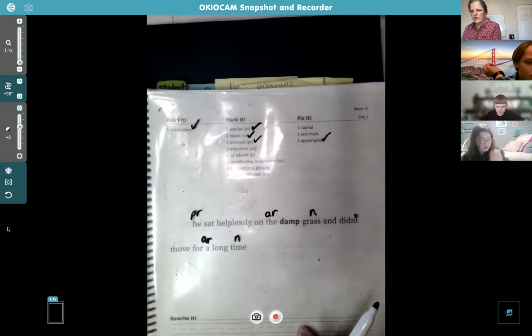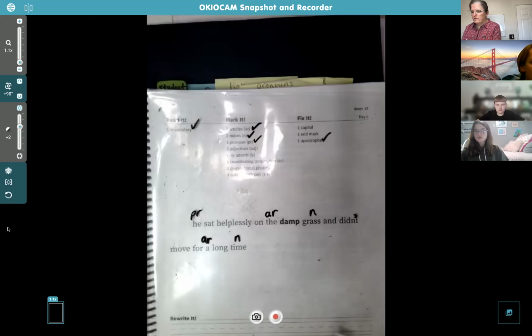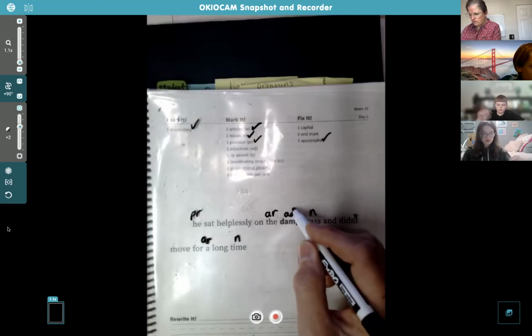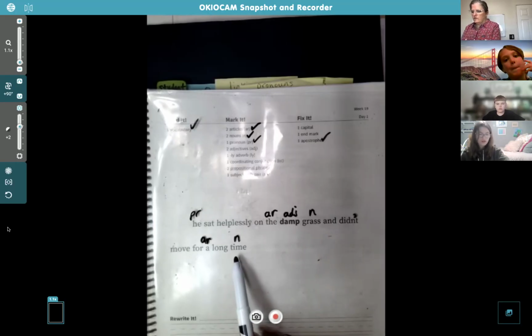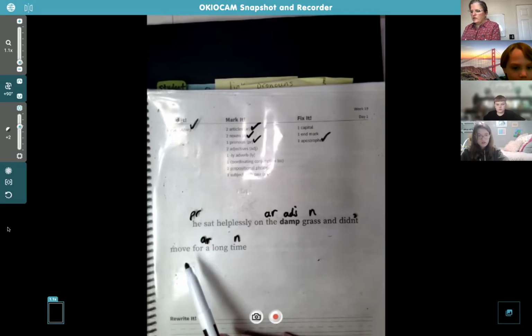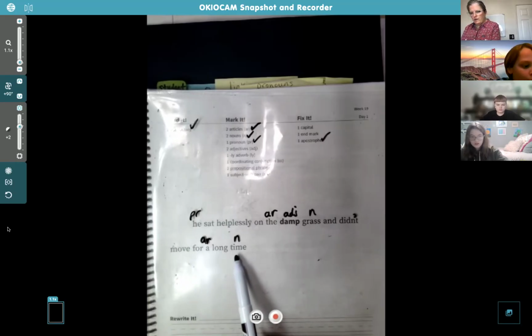Look at the nouns and look for which one, how many, or what kind. Damp, yes. Move, that's going to be a verb. So look at the word time.